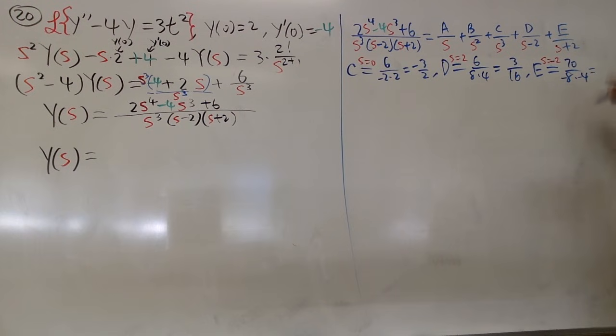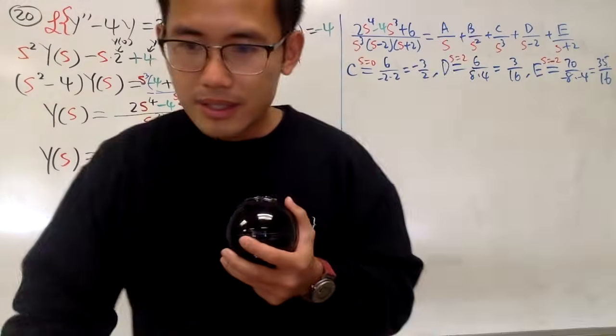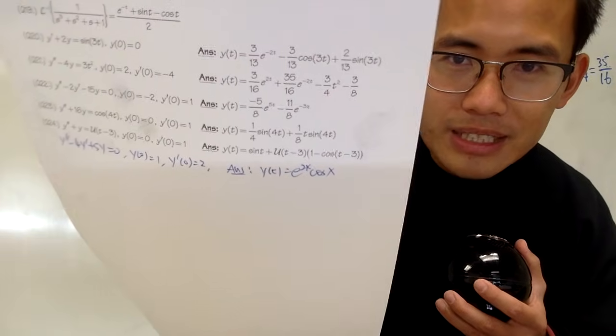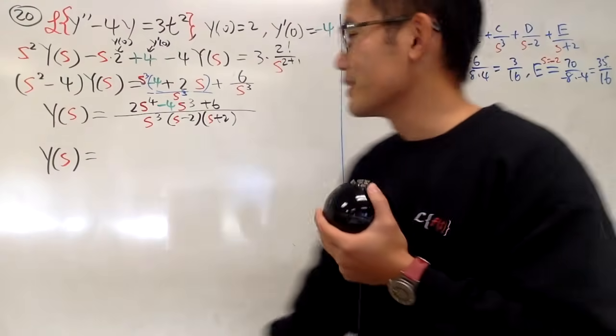Am I right? Yeah. And then divided by 2. Man, it's 32 over, no, 35 over 2 is 16. 35 over 16. Okay, so far so good. It's matching my answer key now. So far so good.